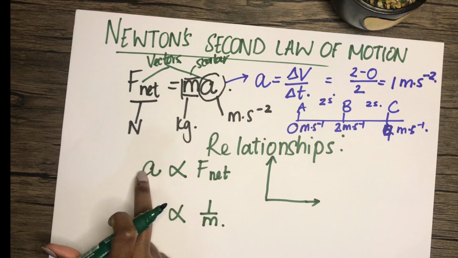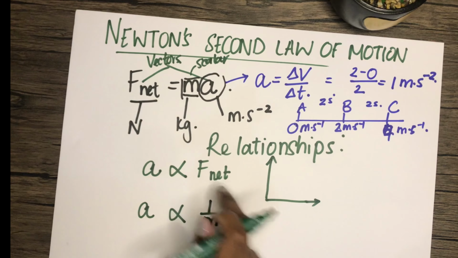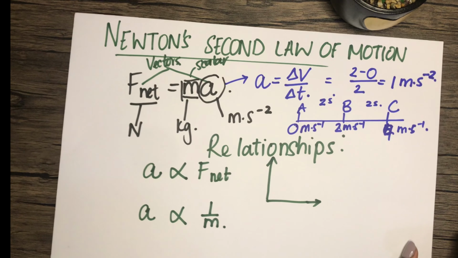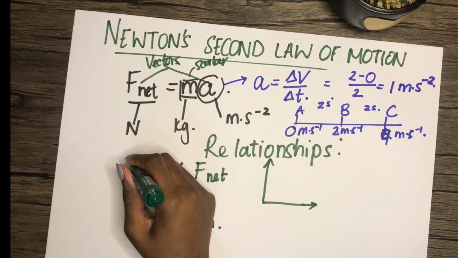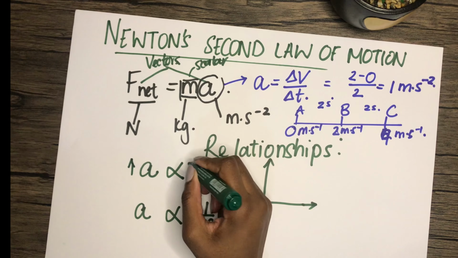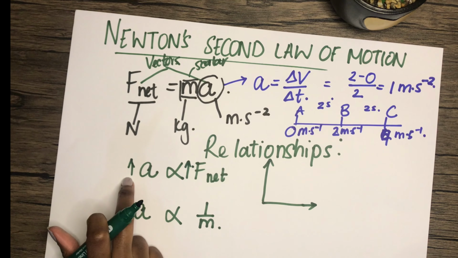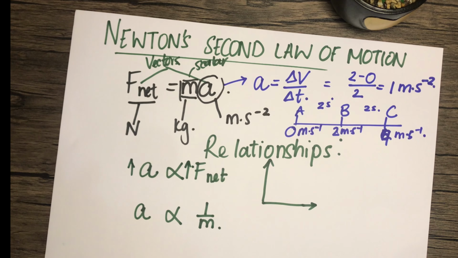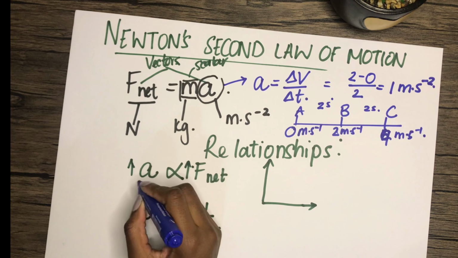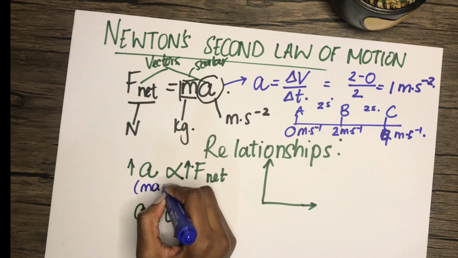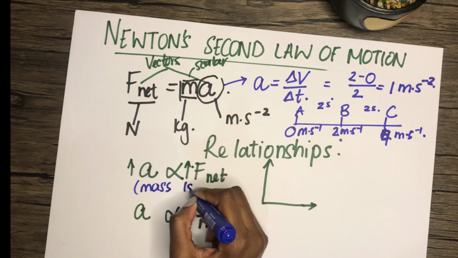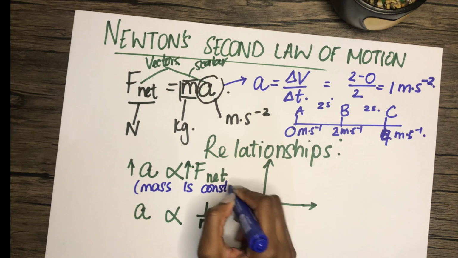Then you can see that the relationship between these two is directly proportional, which means as net force increases, the acceleration is also going to increase, right? What remains constant here is the mass. Mass is constant. That's your controlled variable.